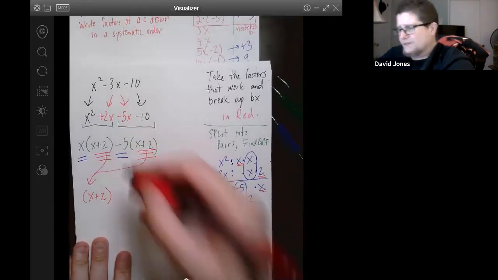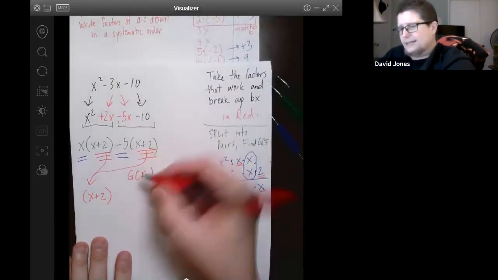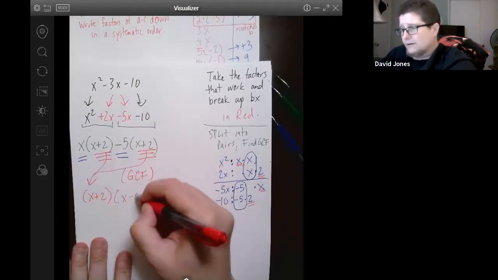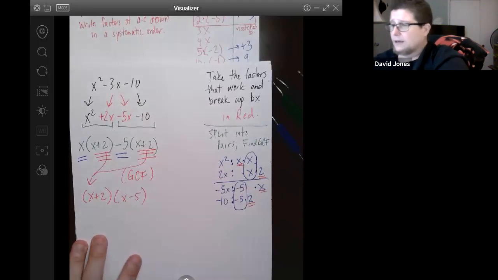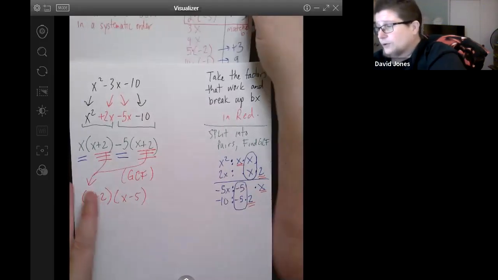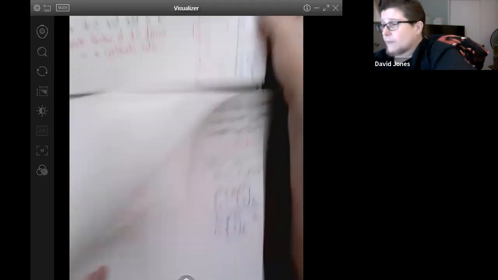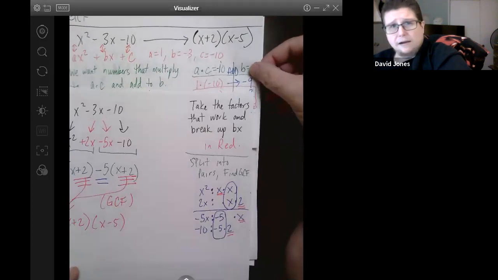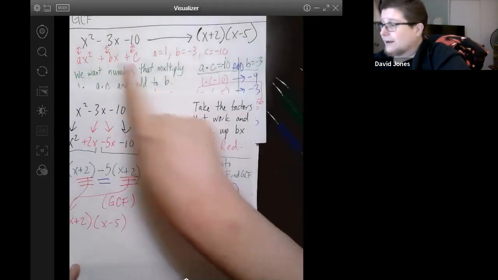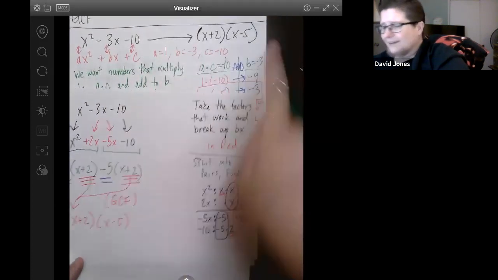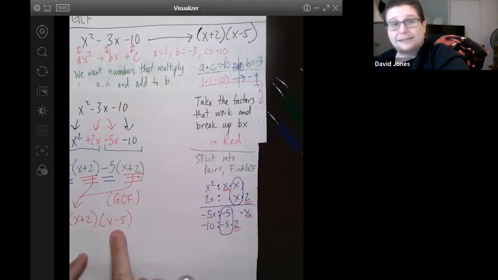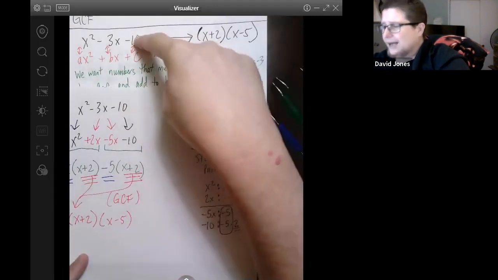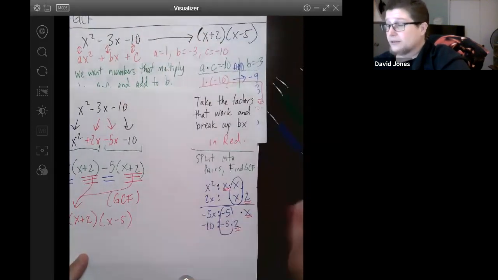My GCFs make another parentheses, x and -5. And you'll notice x plus 2, x minus 5, x plus 2, x minus 5. So when we started with this and we multiplied it out and got that, now we can see that it goes backwards, okay?